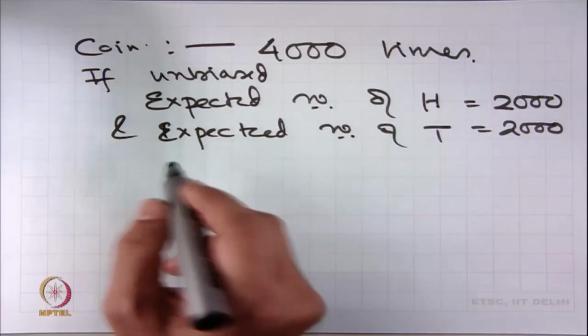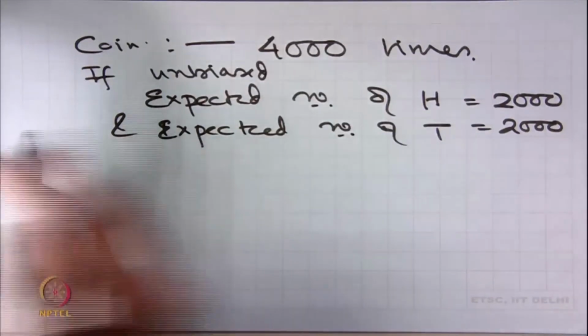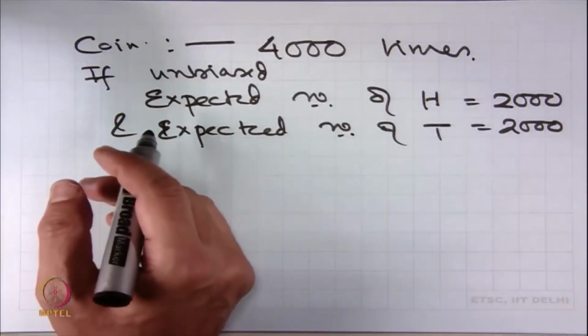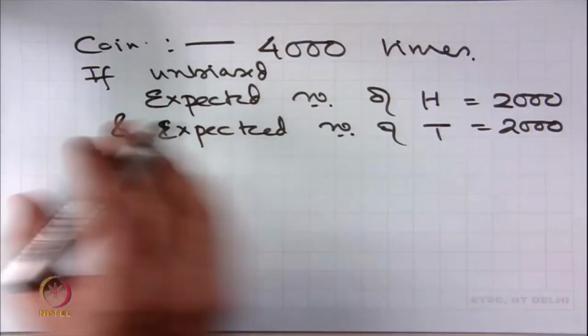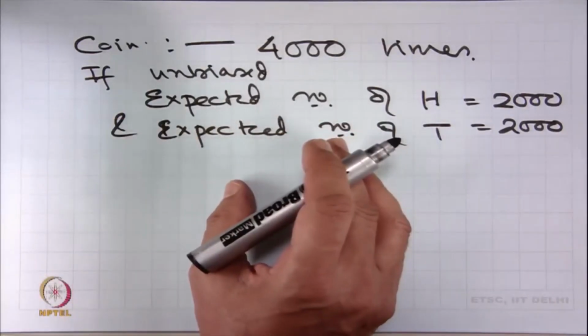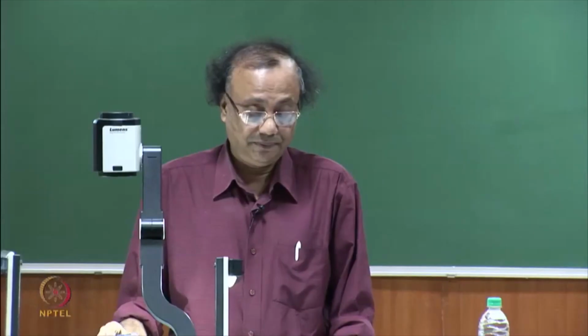But it does not actually mean that in the result we will get exactly 2000 heads and exactly 2000 tails. That will not happen in general.